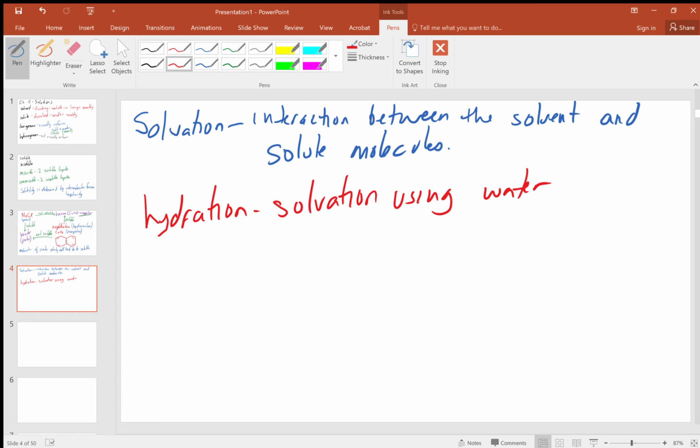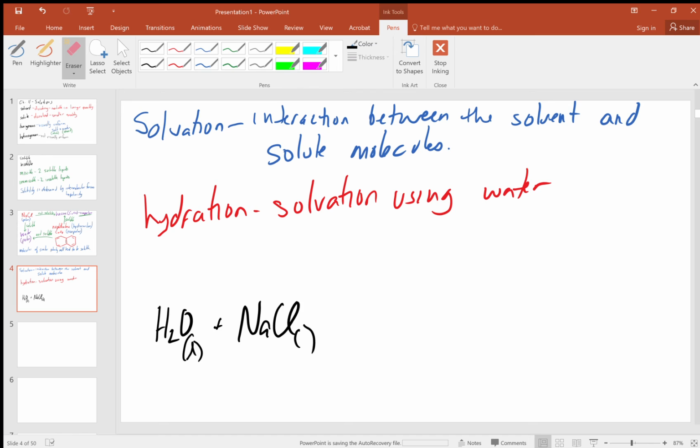So what has to happen, and why water can dissolve sodium chloride but hexane can't, is we start with all of our water molecules, and then we start with all of our sodium chloride molecules, and they start out separate. The solvent and solute need to have some sort of interaction that's going to encourage the solute molecules to break away from each other.